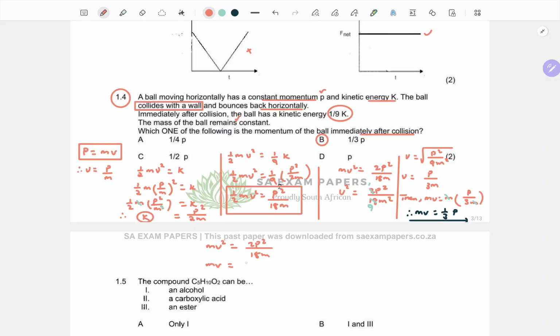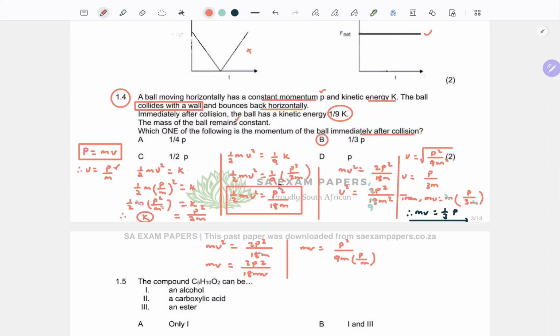This is basically 2P squared over 18mv, so mv is basically 1 over 9, so this is P squared over 9M. Instead of v, we're going to write P over M, as we saw from this equation.